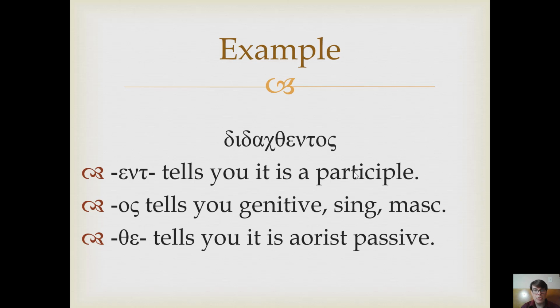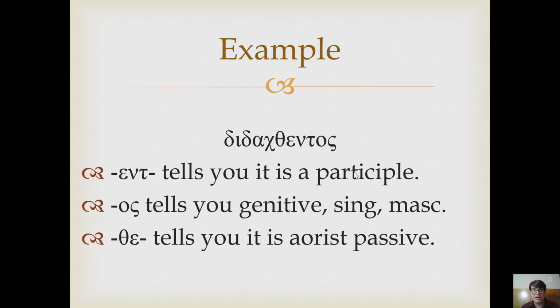Okay, I don't think I put the translation here, but let me tell you what the translation is. So it's going to be "of" something, or of someone, because it's genitive. Let's go masculine. It could be technically neuter. Of someone having, because it's aorist, been, because it's passive, taught, because it's didasco. So of someone having been taught, or of having been taught.